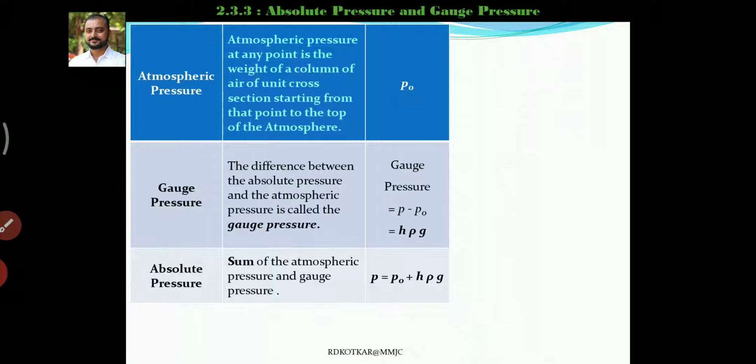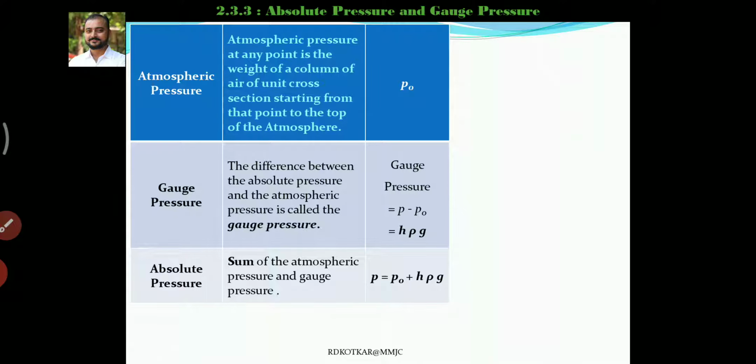Or in short, just remember that atmospheric pressure is nothing but the pressure produced at a given point due to the atmospheric air. We refer to it with the symbol P0.